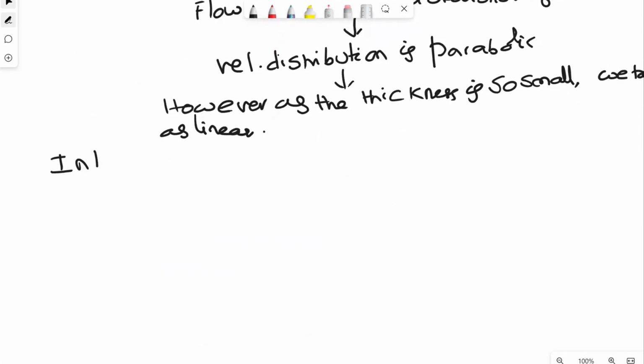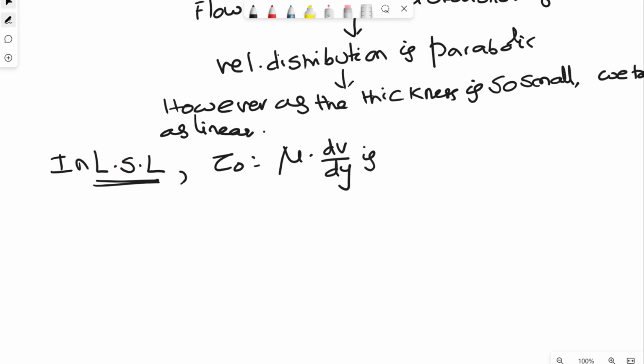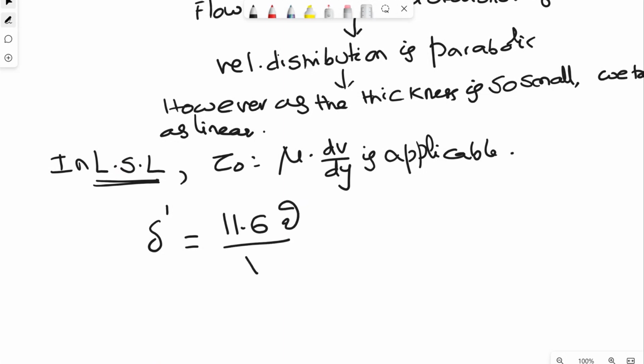Next. In laminar sublayer, tau naught is equal to mu into dv by dy is applicable. Then the equation for delta dash is equal to 11.6 into nu by v star, and this equation is given by Nikuradse.